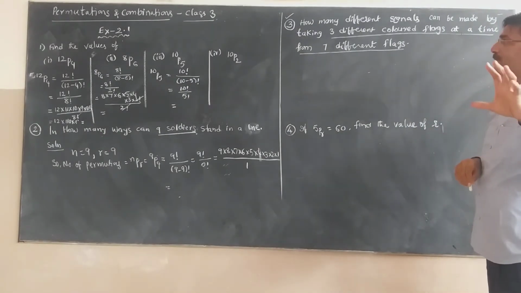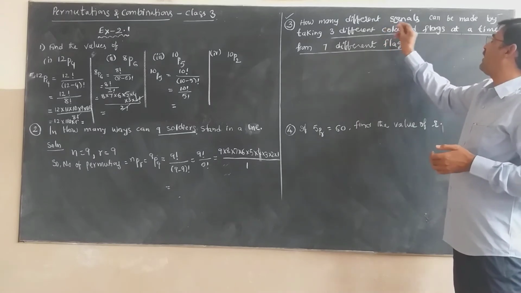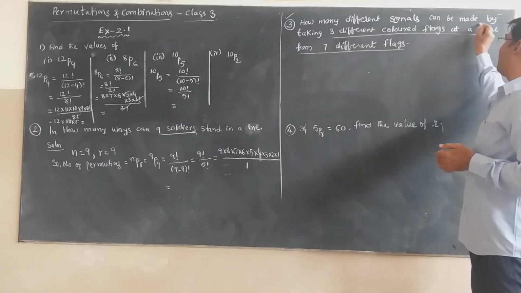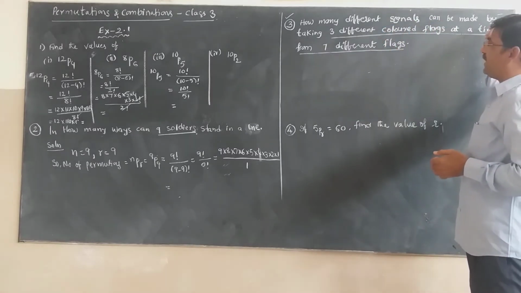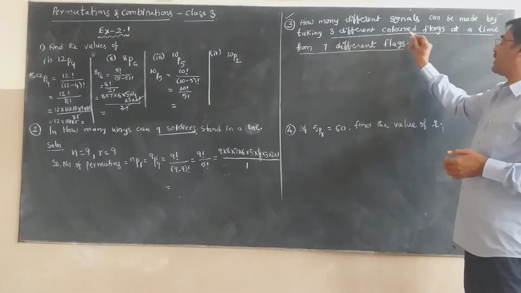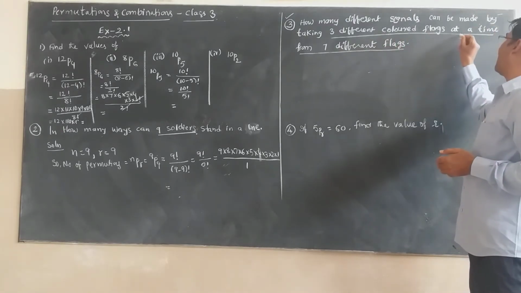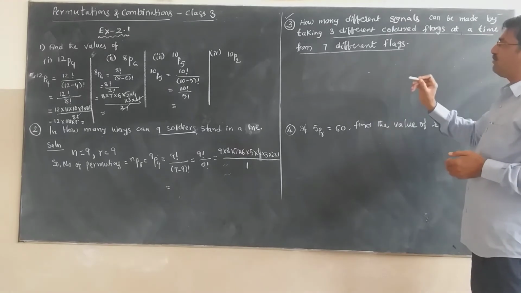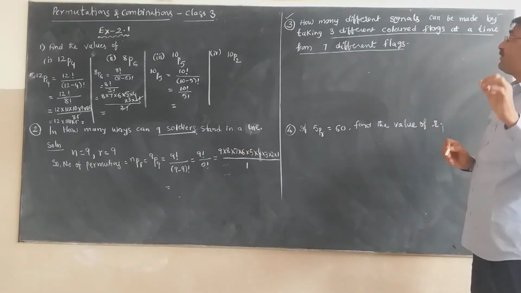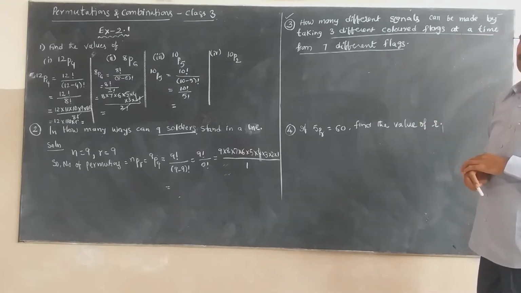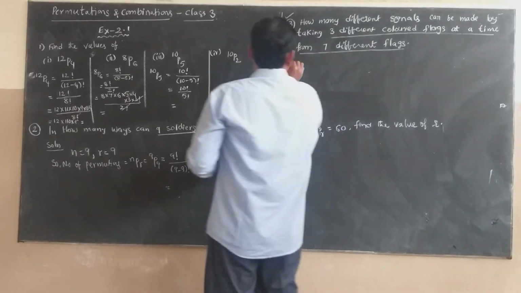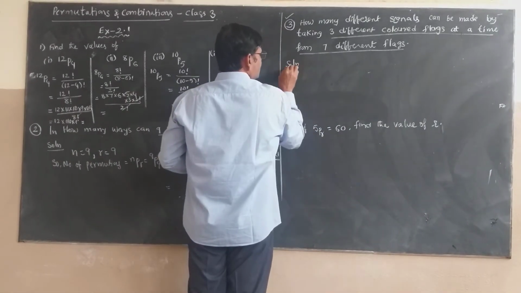Let me read the question one more time. How many different signals can be made by taking 3 different colored flags at a time from 7 different flags? Here, I will explain this question in 2 ways.